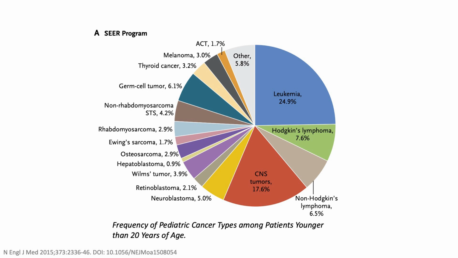If you look at this figure, you will see there are so many different cancers involved. Some are solid tumors. But on the top right side, the leukemia represents 25%, Hodgkin lymphoma 7%, non-Hodgkin lymphoma 6%. So this is really a big number, almost 40% of the young patients with tumors have a germline component.